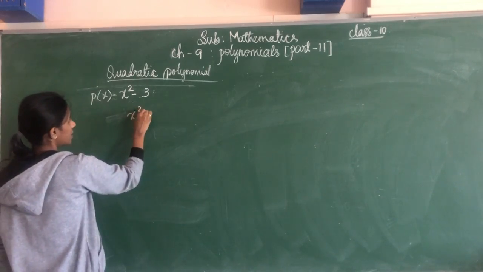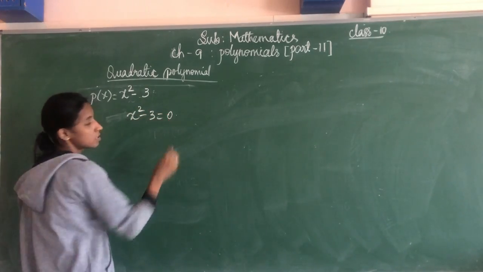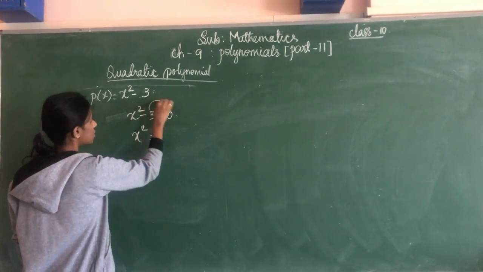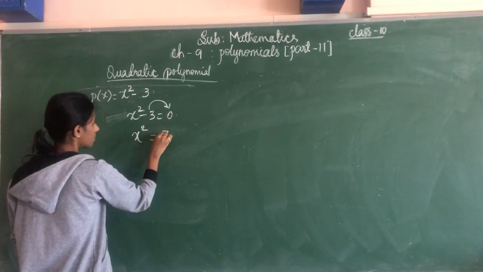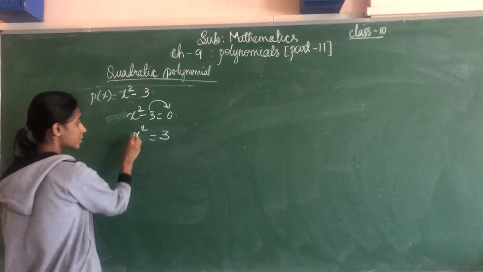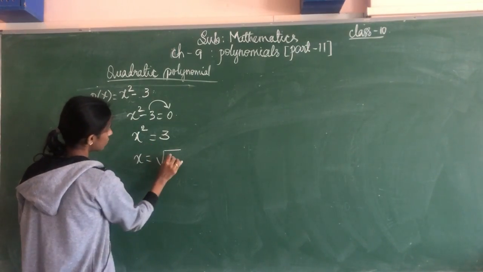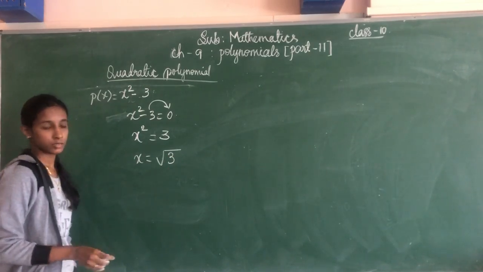So x square minus 3 is equal to 0, isn't it? From this, if I take the 3 to this side, what happens? It becomes plus 3. X square is 3. What is x? X is square root of 3, isn't it?